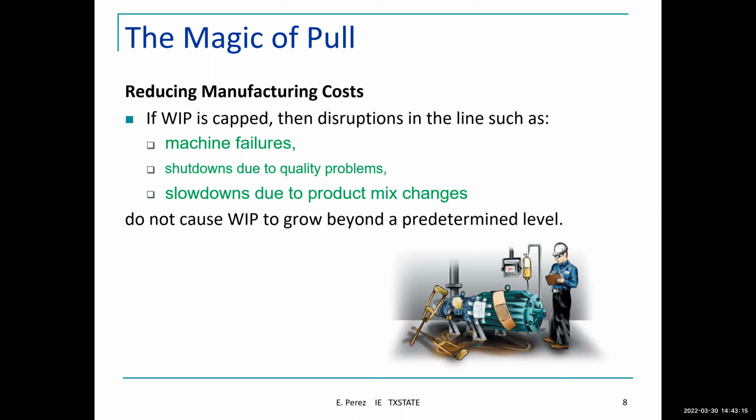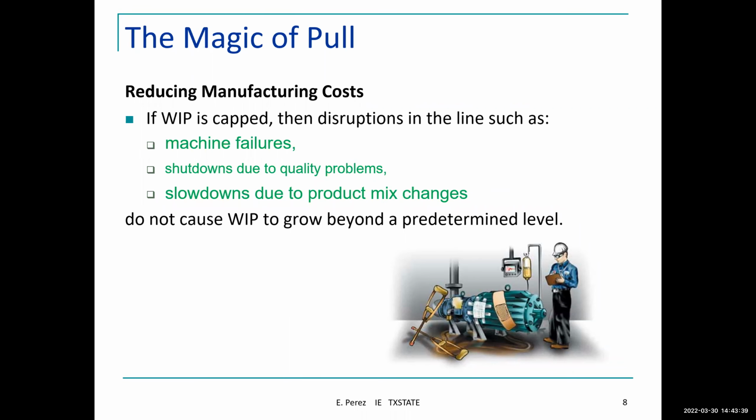Let's say you have 3 machines and the machine that fails is the last one. In the push system, you're going to continue processing those parts until they get to the queue in front of machine 3. You will not have a signal to stop the production unless you have a person telling you, no, wait.